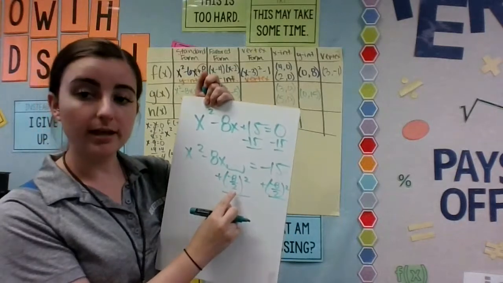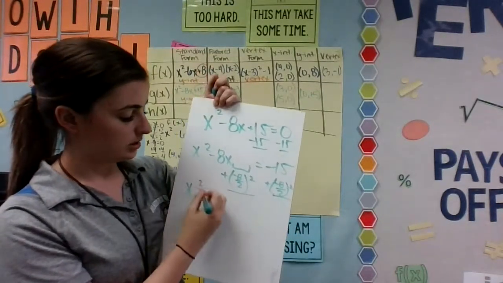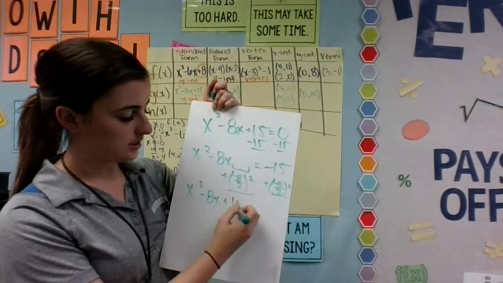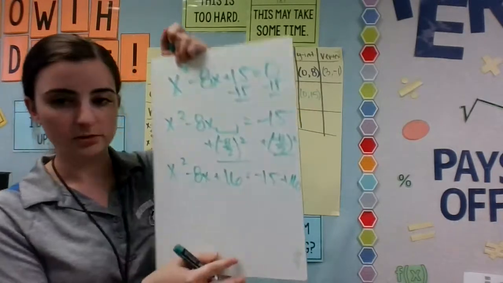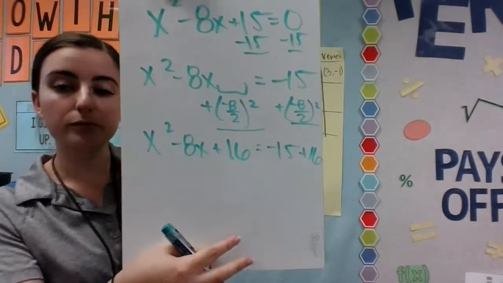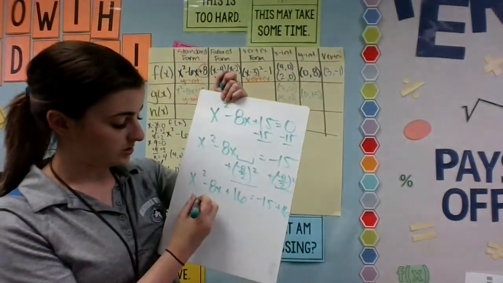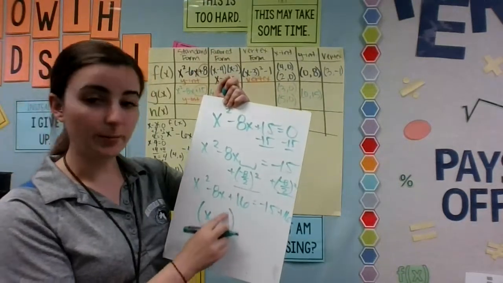Negative 8 over 2 is negative 4. Negative 4 squared is positive 16. So I'm going to have x squared minus 8x plus 16 equals negative 15 plus 16. Just like that. And now we go through with completing the square, writing it in the complete square form. So inside of here is always x plus whatever b over 2 is.